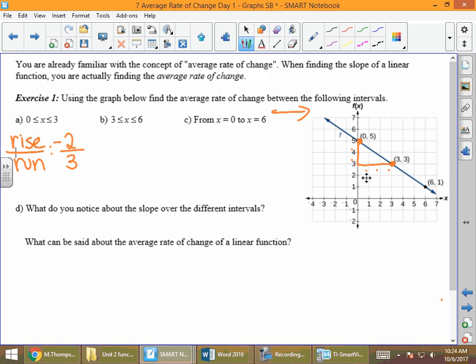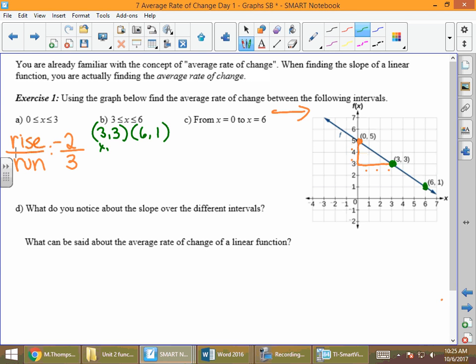The other way that we can look at something on this graph, for letter B, x is between 3 and 6. So between 3 and 6, we're looking at the points that correspond to those x values. And we can use our ordered pairs and then our formula.